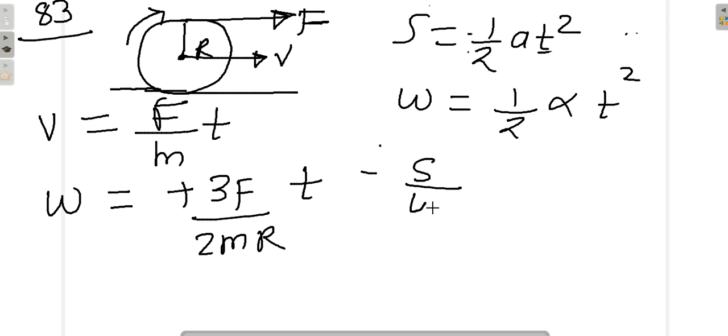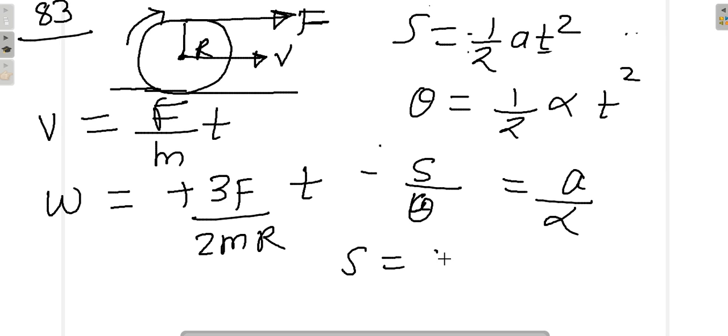Here, theta is the angular displacement. So s upon theta will be simply a upon alpha. So s will be theta into a upon alpha.